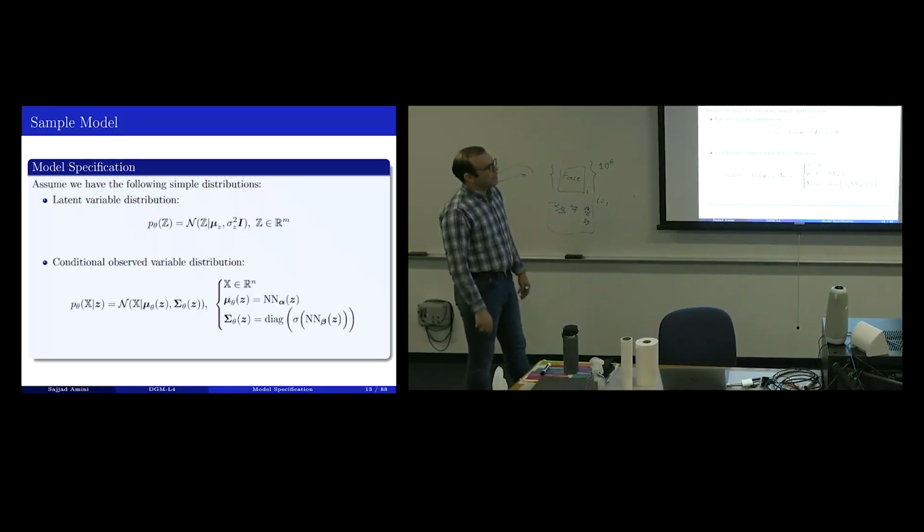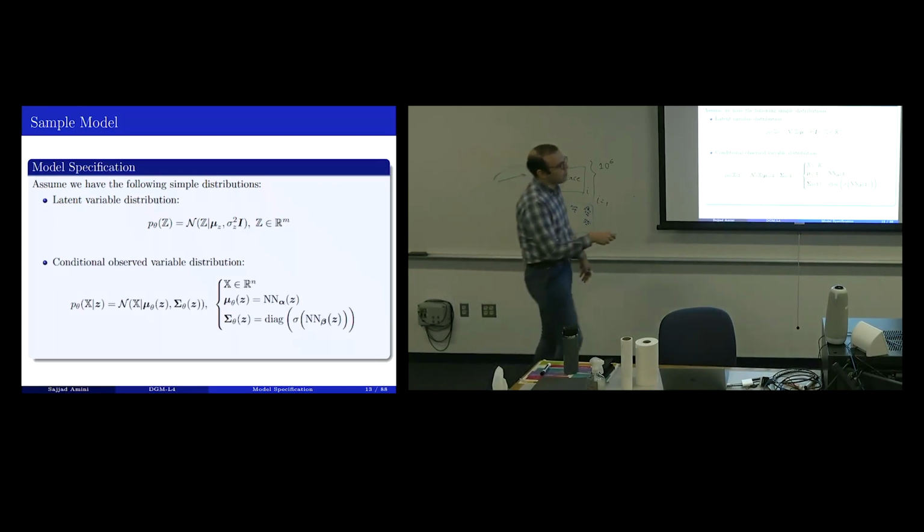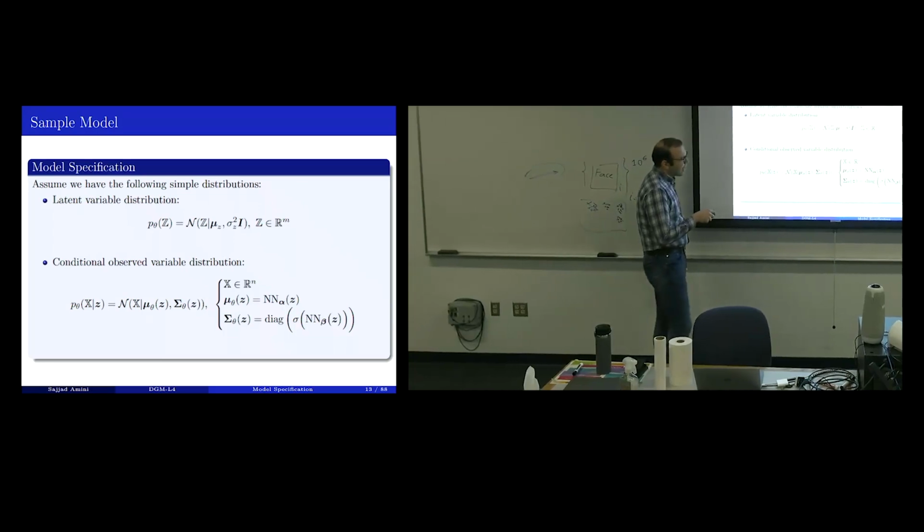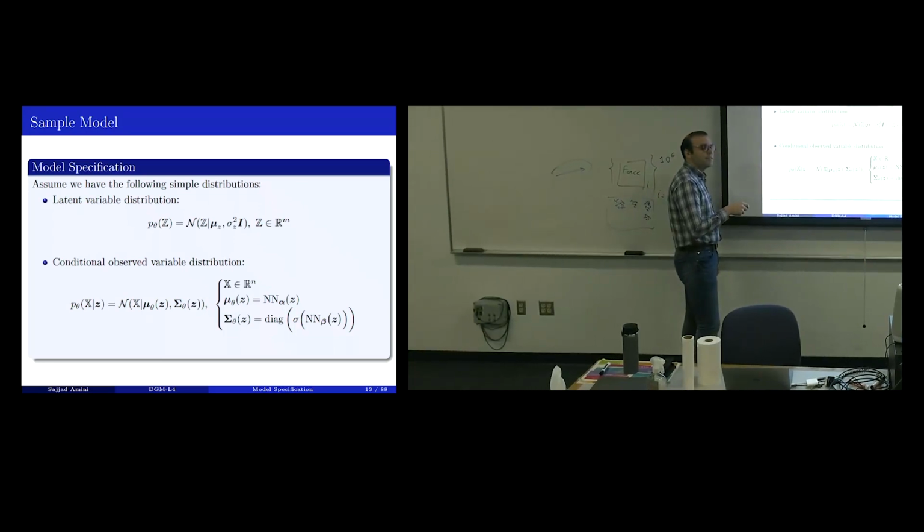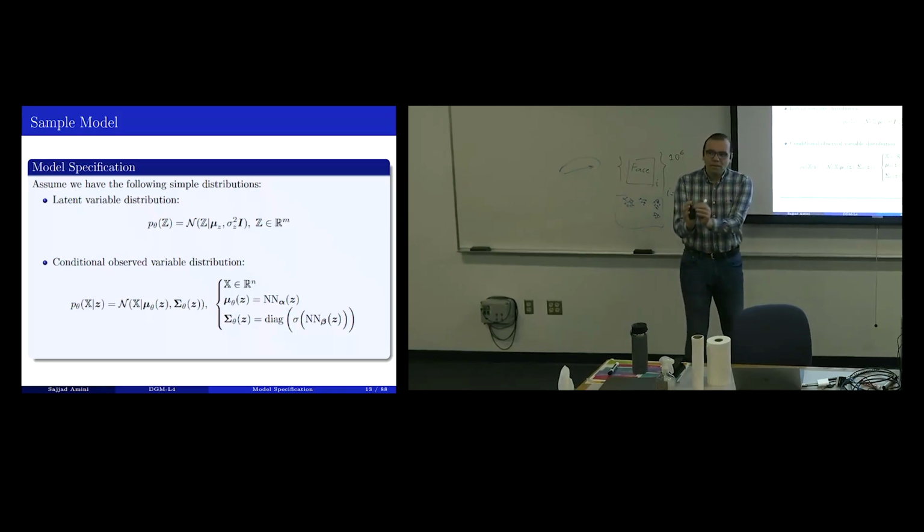This is the latent, and the conditional observed distribution is a Gaussian again. If I have the concept, I can model the distribution over what I see in reality with a simple Gaussian distribution, because I have the concept and I narrow down my options.